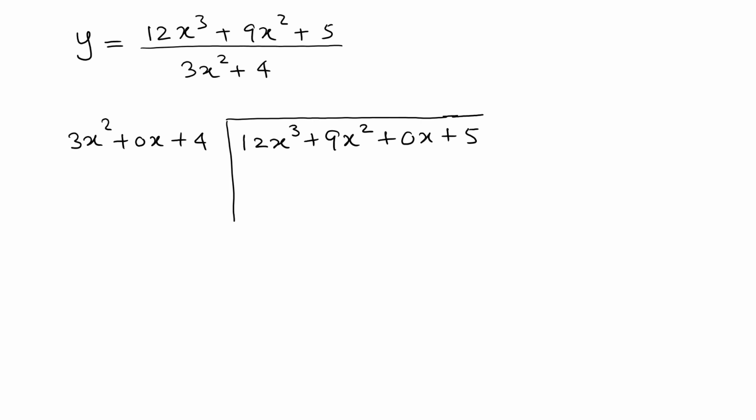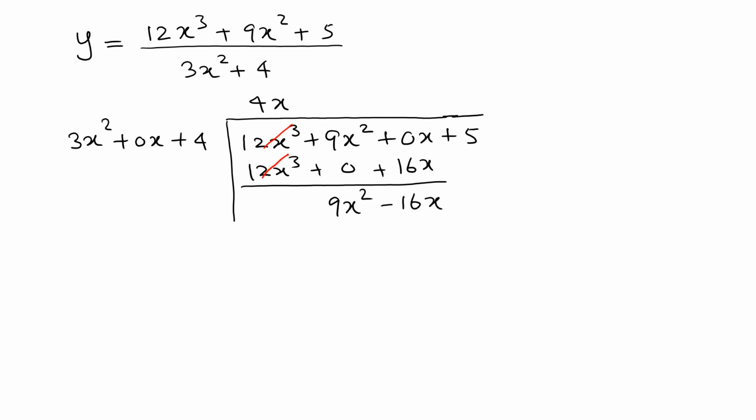So if you divide, what do you get? You get 4x here. When you multiply, you get 12x cubed plus 0, and then plus 16x. When you subtract, you can see the 12x cubed term will cancel out. So you get 9x squared, and negative 16x, and then you bring 5 down.